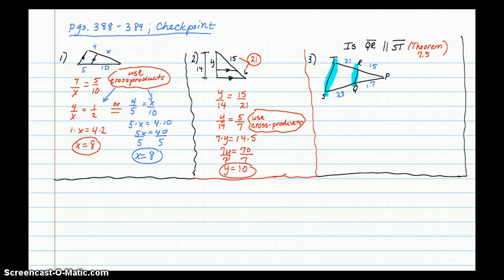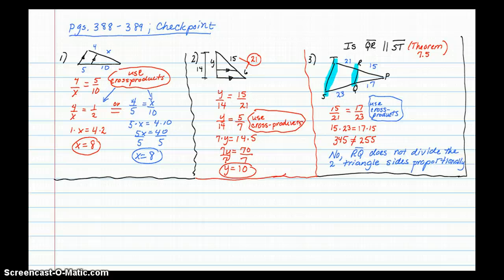So we have to see if these are divided proportionally. And so again, we looked at 15 over 21 equals 17 over 23. 15 and 21 need to be proportional to 17 over 23. If you can't look at it and just know that they're not proportional, you could use cross products. 15 times 23 is 345. 17 times 21 is 255.